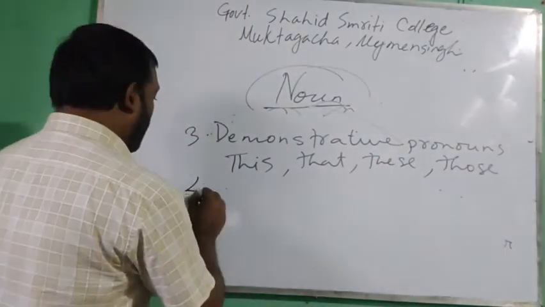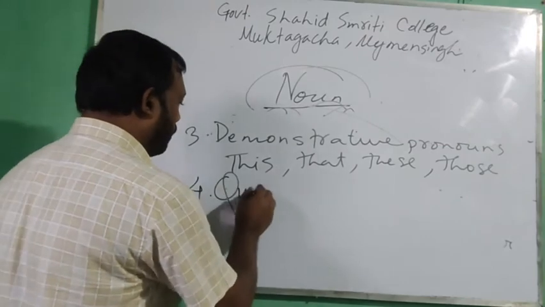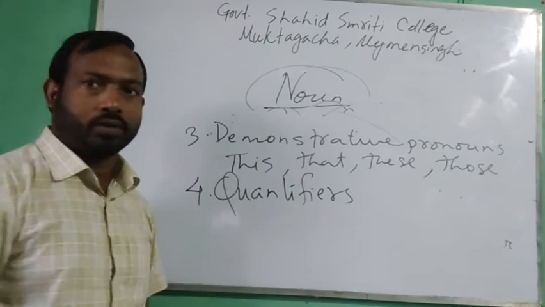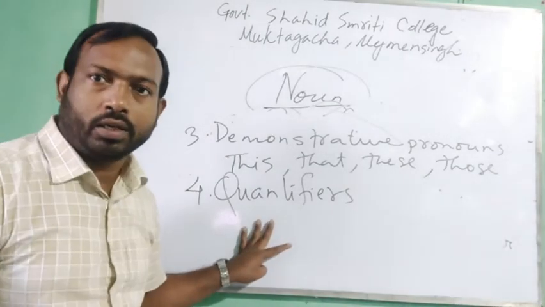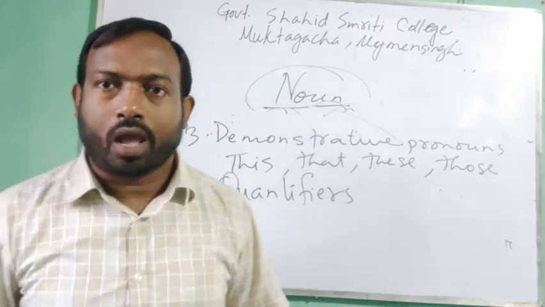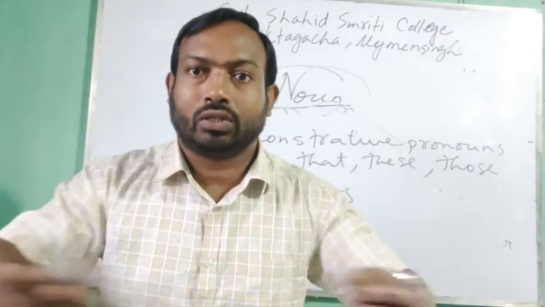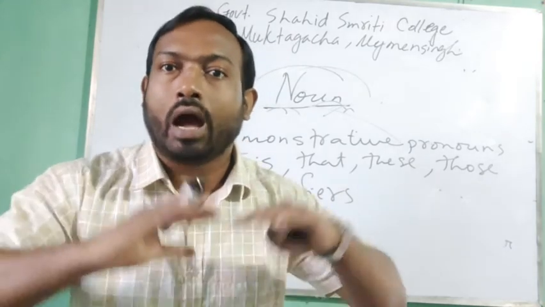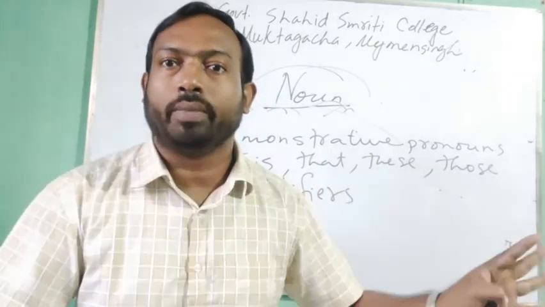Demonstrative pronouns. Number 4, quantifiers. This talks about quantity. How much? How many?